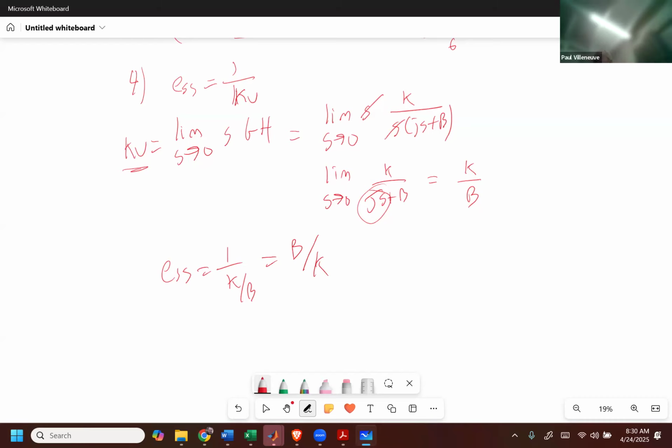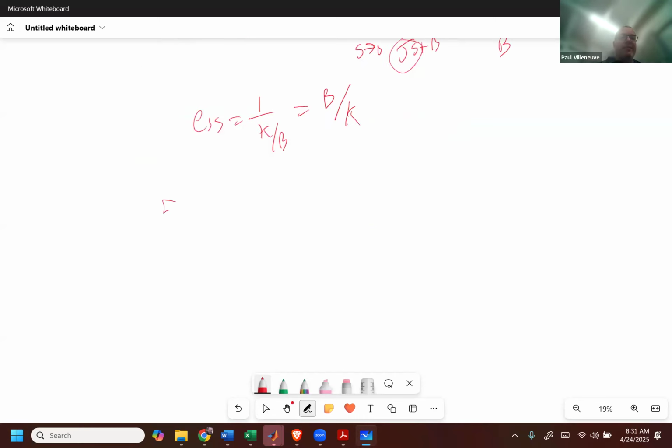Questions on number 4? All right, let's do number 5. So same thing, we have to calculate ESS for a unit ramp input. So it's 1 over Kv.